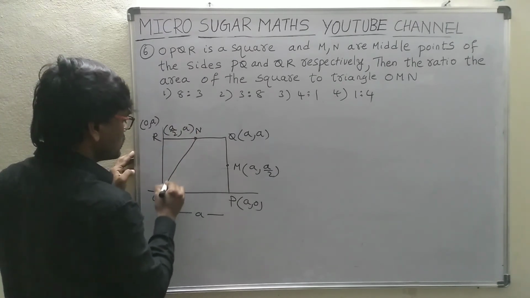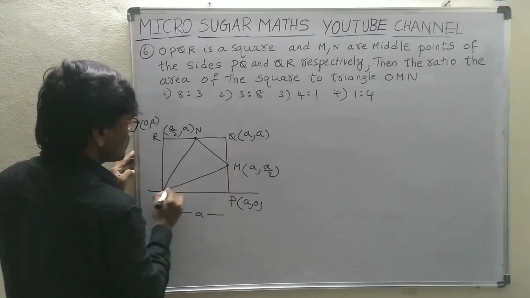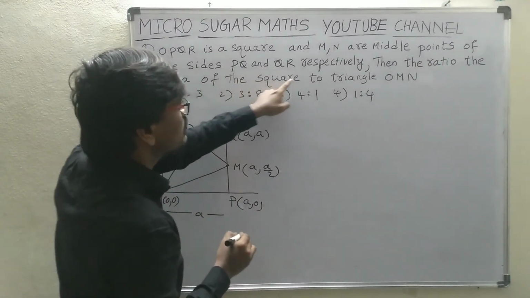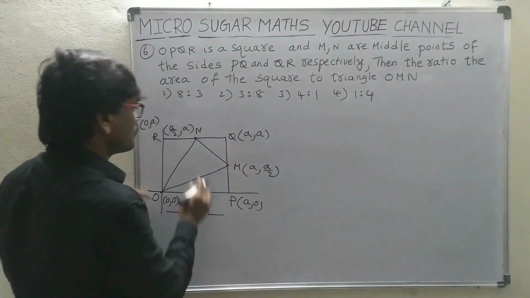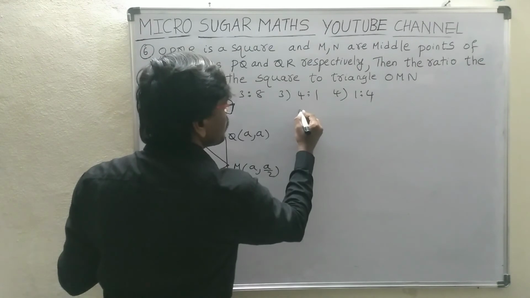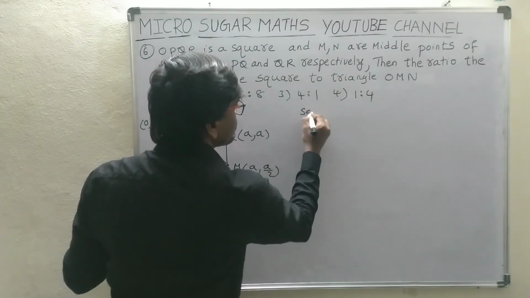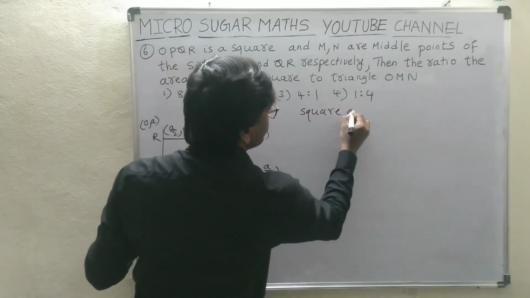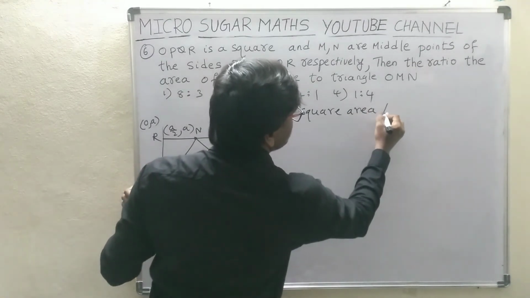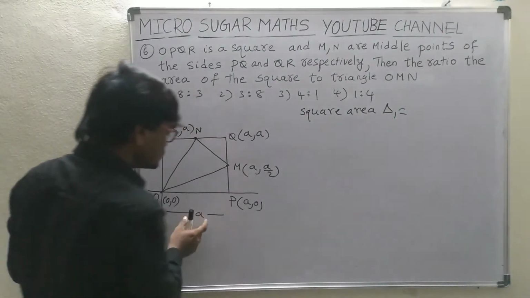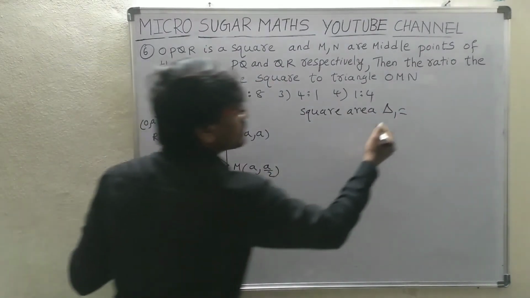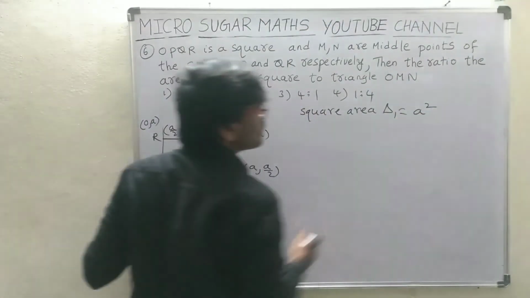Now we need the ratio of the area of the square to the triangle OMN. First, to find the area of the square, let it be delta 1. Since the side is A, the area of the square is A square.